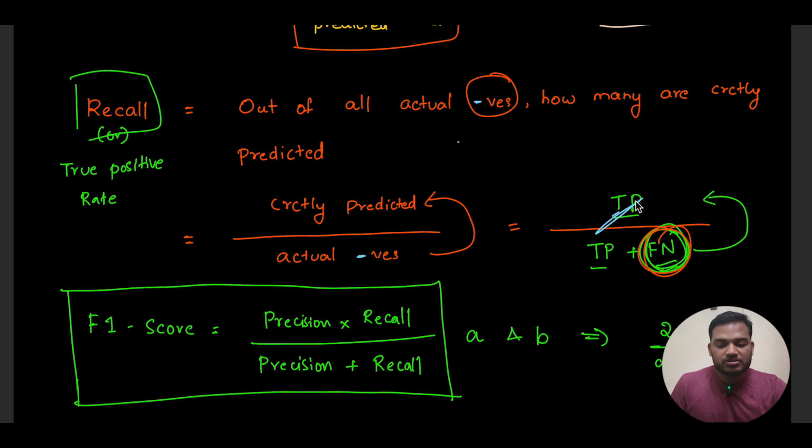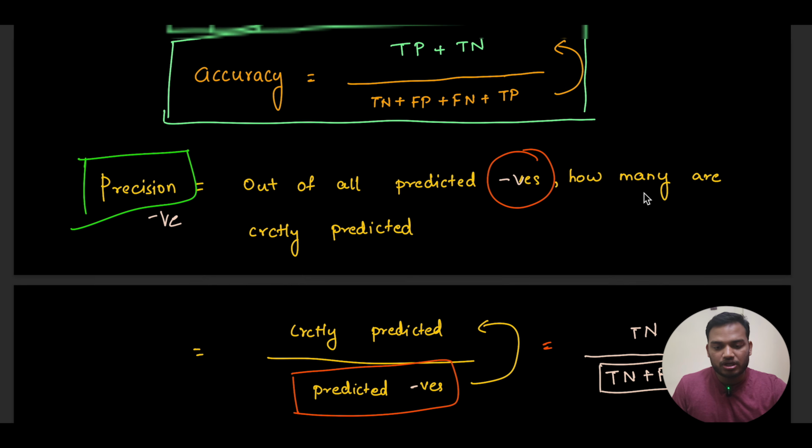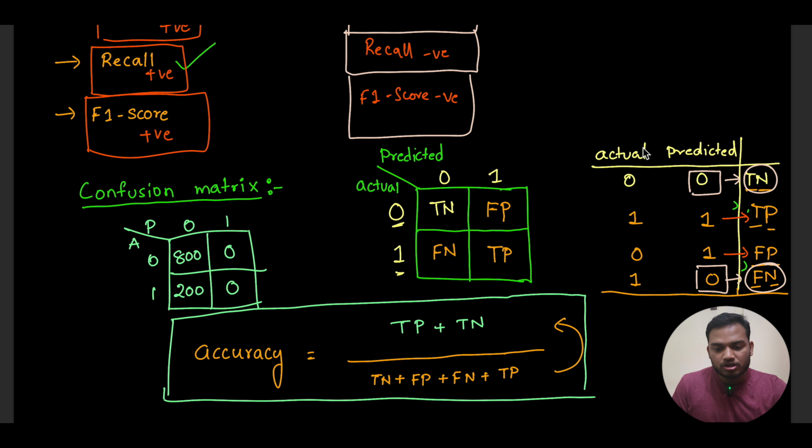Now in a similar fashion, let's understand how we get all of these actual negatives. Let's observe the table. In the actual column, wherever it is 0, that represents actual negatives, right?